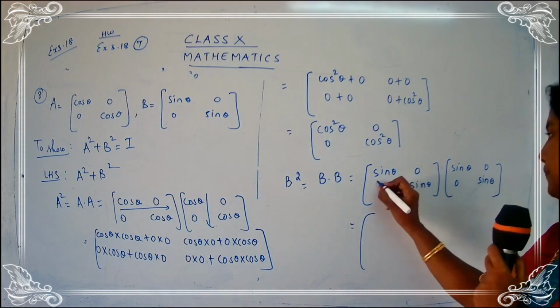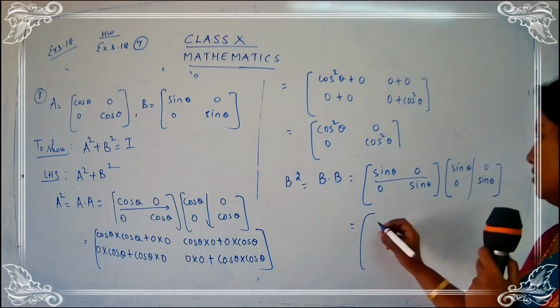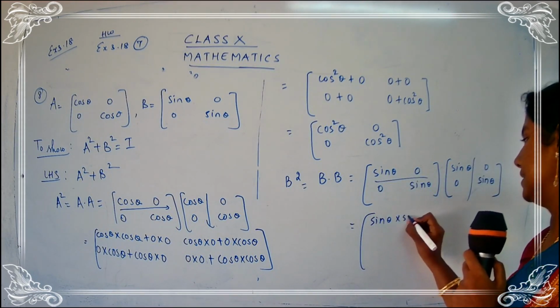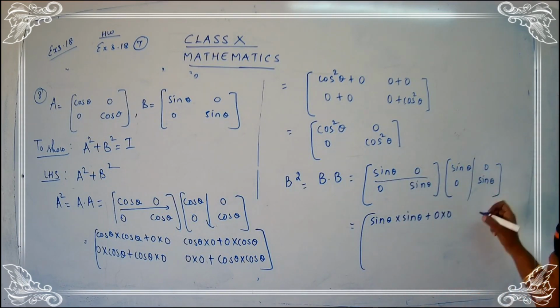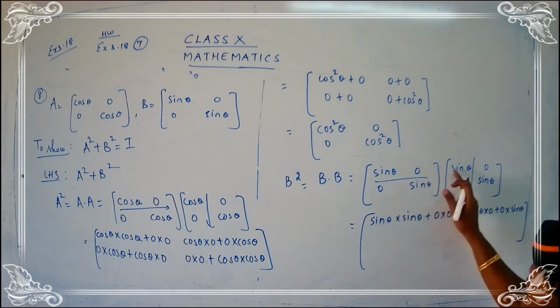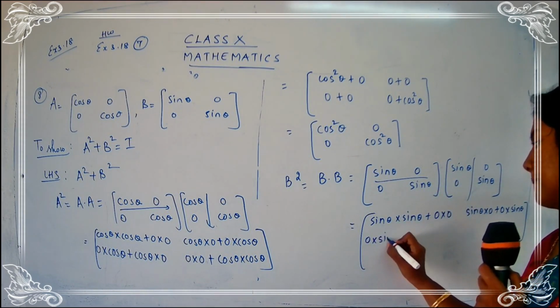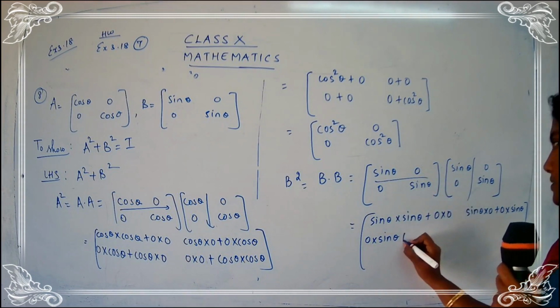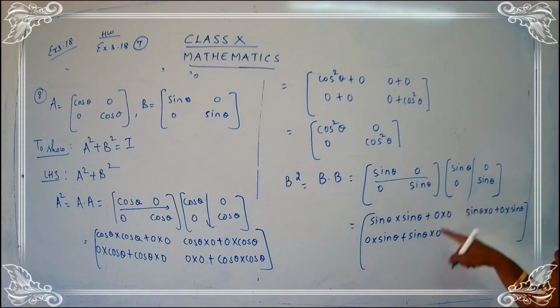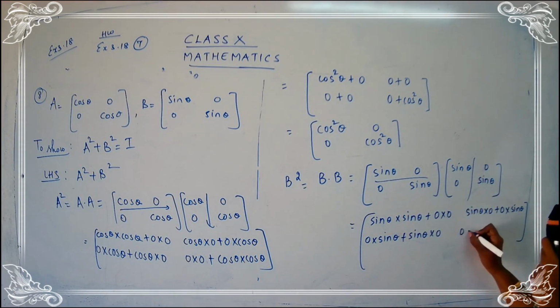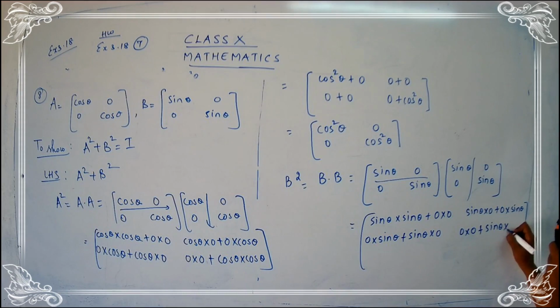So this is again the first row and the first column. So sin theta into sin theta plus 0 into 0. Sin theta into 0 plus 0 into sin theta. 0 into sin theta plus sin theta into 0. 0 into sin theta plus sin theta into 0. 0 into 0 plus sin theta into sin theta.